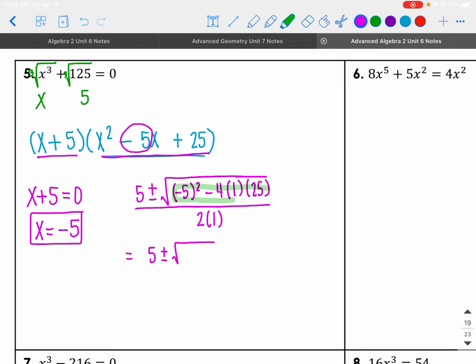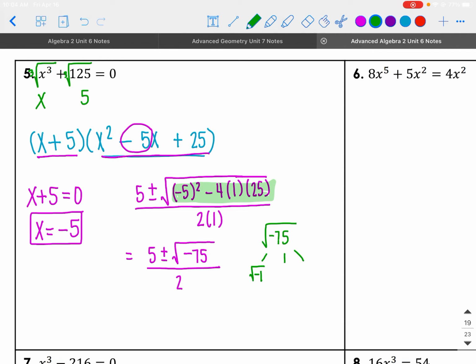Now remember, you have to type in just the numbers under the square root. You don't type in the actual square root button. And you get -75 over 2. Now here to the side, we need to simplify this radical.